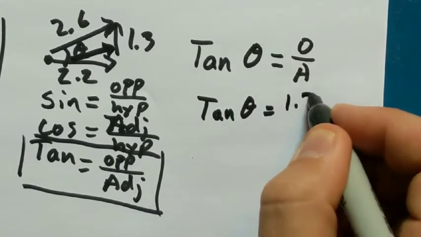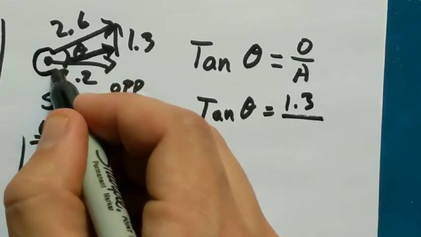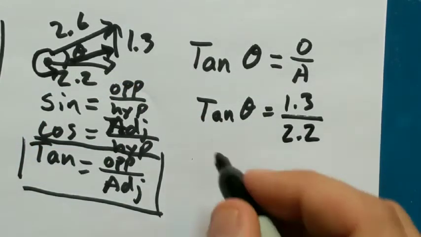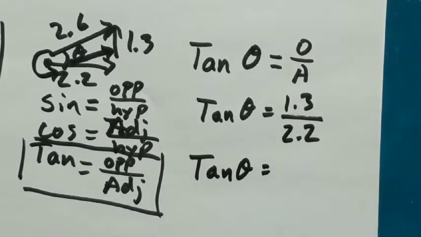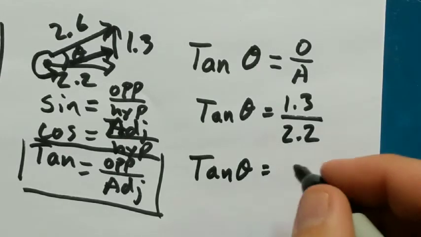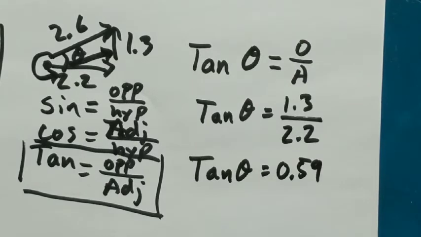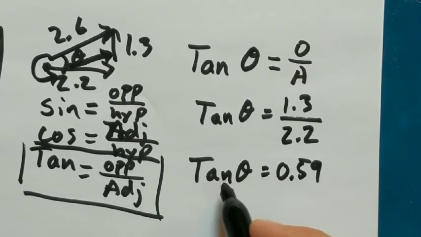Tangent of theta is 1.3, adjacent is the side next to the angle, which is 2.2. And I will divide those and get 0.59. At this point, you want to make sure your calculator is in degrees, not radians, because we're trying to solve this for a degree.